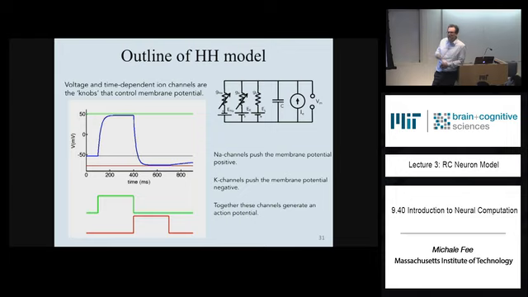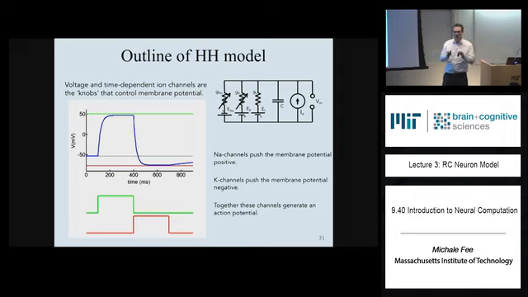Okay? And the voltage that it goes to is actually, the Nernst potential that we calculated is calculated only for the case where you have one ion. If you want to calculate the equilibrium potential when you have multiple pores open, then you have to use a different method of calculating.